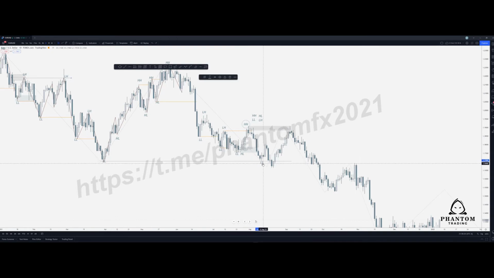We get a lower low here. Actually, let's see. If that's the high, this becomes the lower high as well, right? So we know this is a sweep, so I'm just going to get rid of that for now. So that becomes our lower high, which results in this lower low, right? Price comes into that lower high.